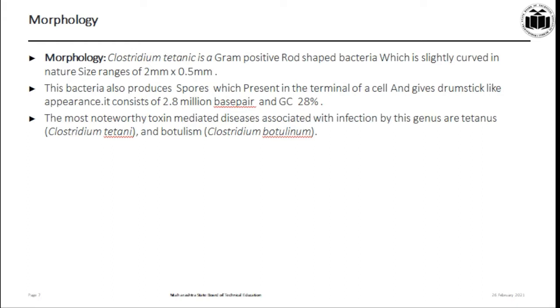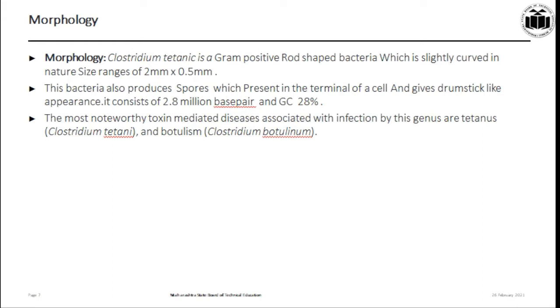So a very specialized type of arrangement is seen in Clostridium tetani, that it shows a drumstick like appearance when we stain. What does that mean? The spore is present at the terminal of the cell, which gives the cell a drumstick like appearance.